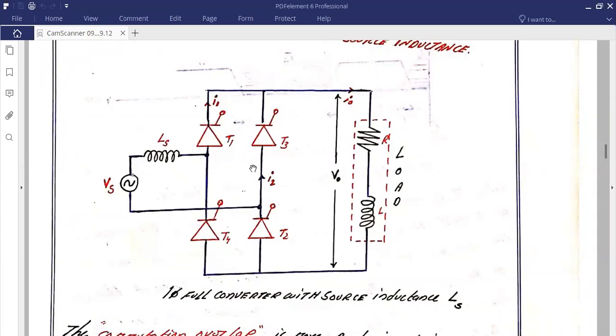Whenever there is a resistance, what is the effect on the converter performance, meaning the converter output voltage? The average converter output voltage is going to be reduced somewhat, depending upon the resistance provided. So here you may have two elements, the resistance and the inductance.